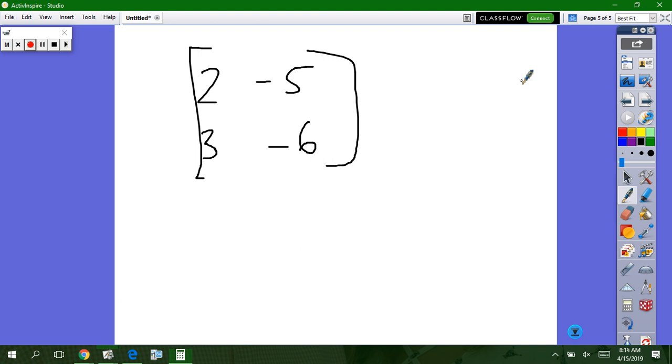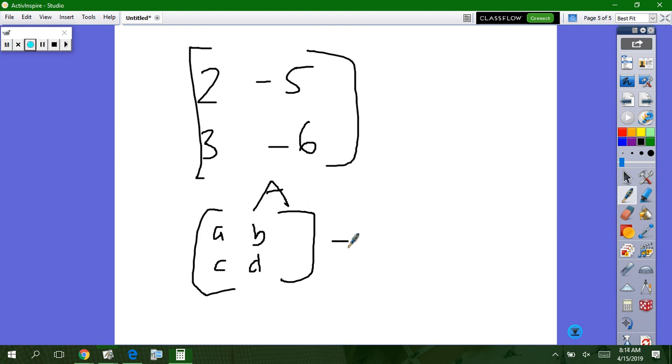Here's the matrix I have right now: A, B, C, D. Any 2x2 matrix, does that make sense? We'll call this matrix A. Its inverse, so A inverse, would be this.